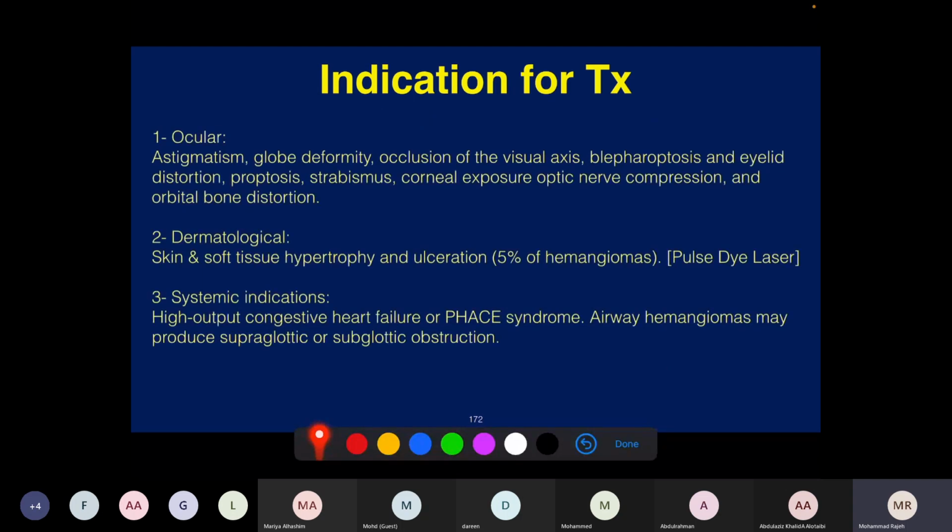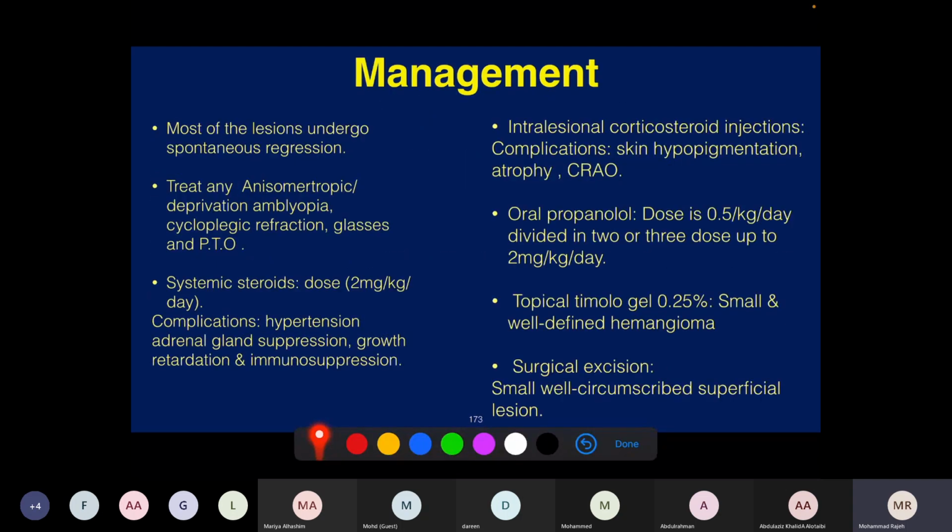Indication for treatment is very important. Honestly, propranolol, I think it's the mainstay treatment. It's such an effective and, alhamdulillah, safe drug, especially if you're working in a well-equipped hospital with good pediatric service.